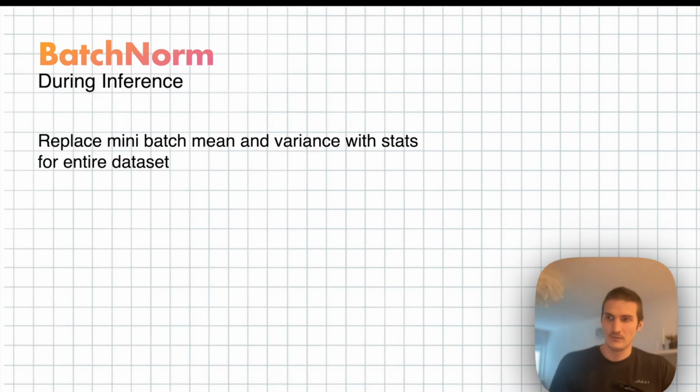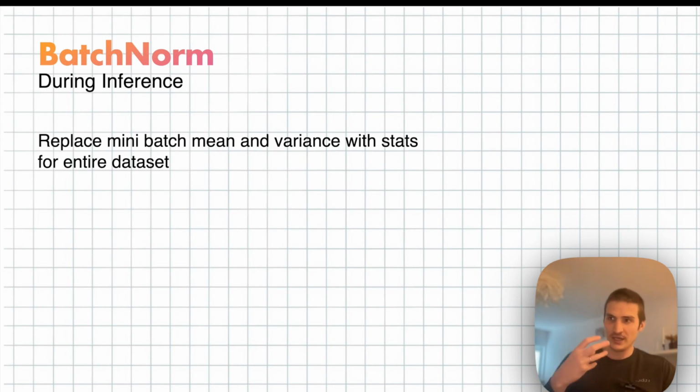Another important detail about this is that the statistic, the mean and the variance, now depend on the entire batch, which means that after we randomly reshuffle all the images, this particular image might get a different prediction. And this is not something we want during inference, during validation, because during validation, we want the result to be deterministic, not dependent on shuffling of the data or what other images got into the batch.